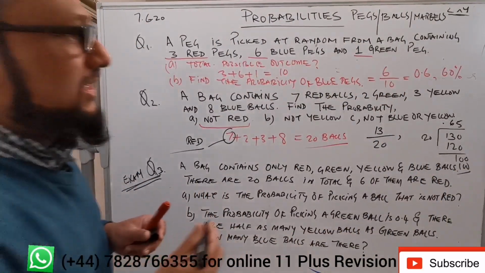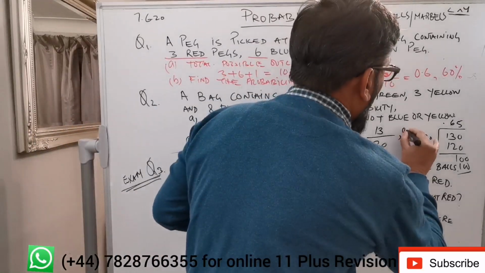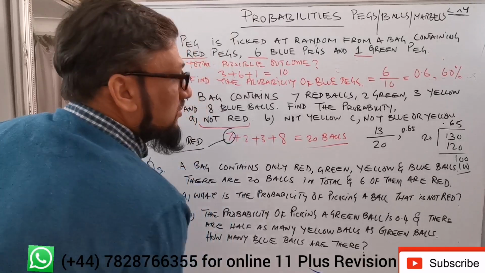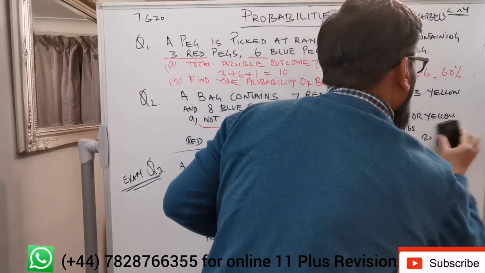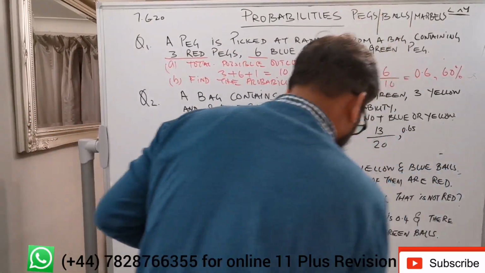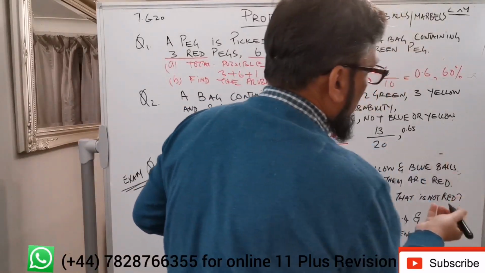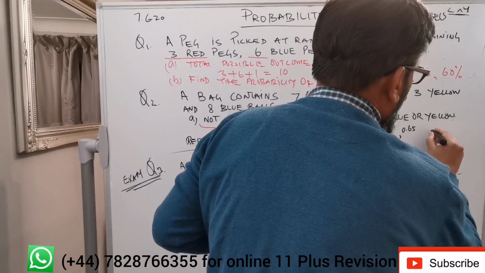So in decimal it is 0.65, and in percentage you need to multiply by 100, so it means 65%.